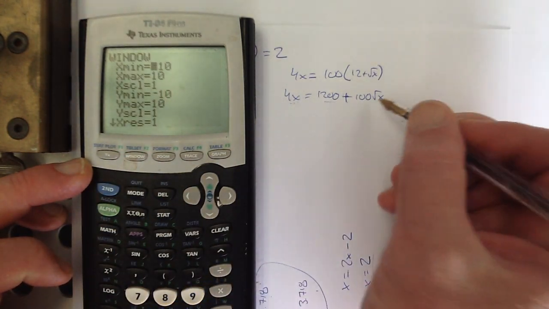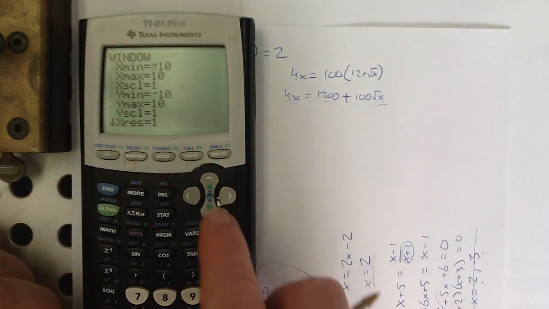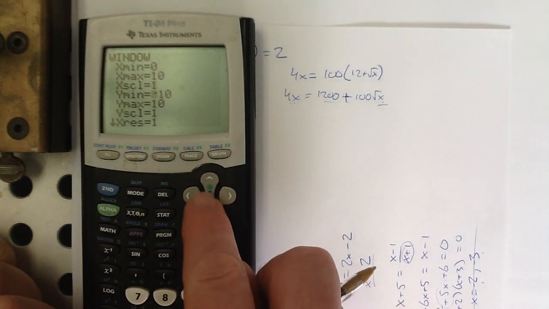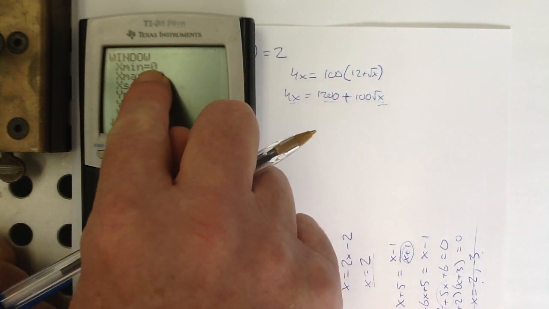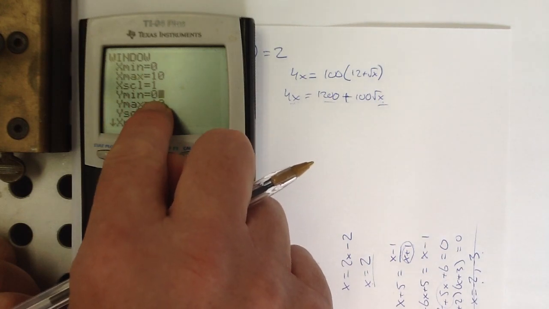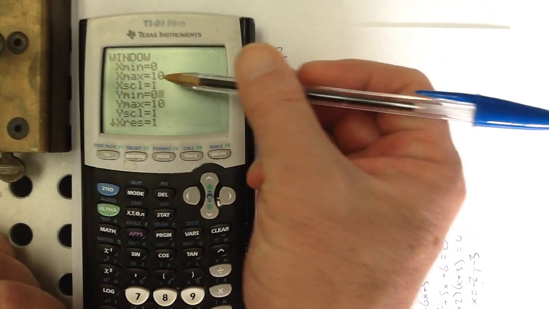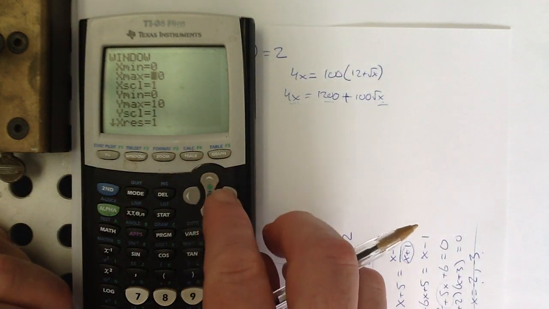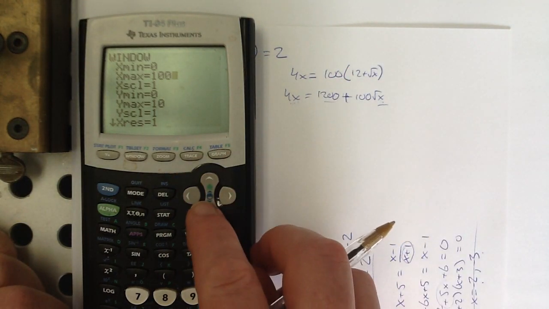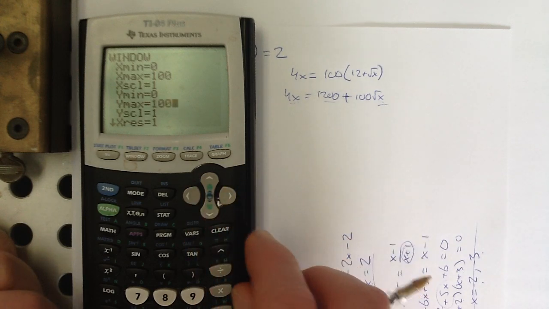We're not going to be looking at any negative numbers, so I'm going to make my minimums equal to 0, my x min and my y min equal to 0, so I'm only looking in the first quadrant. And 10 and 10 didn't get it done, so I'm going to add zeros to those. What about 100 and 100?